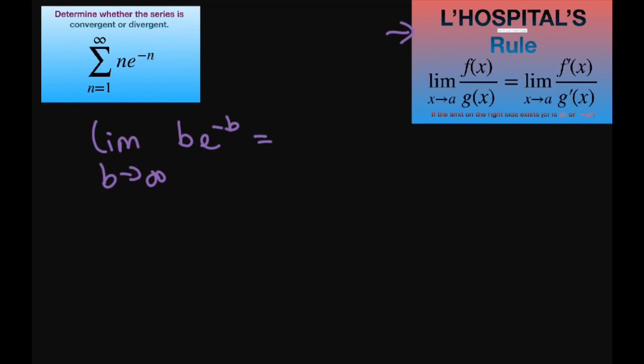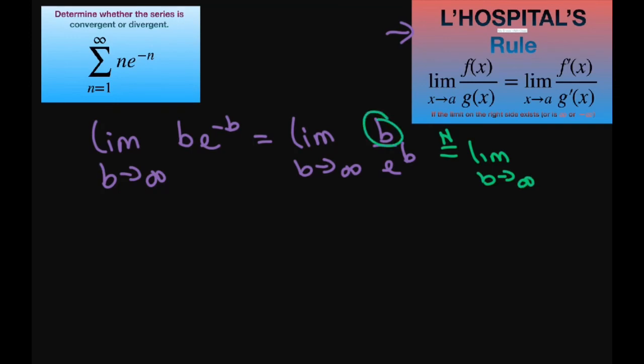This is going to equal the limit as b approaches infinity of b divided by e to the b power. Now, using L'Hopital's rule, you differentiate: the derivative of b is 1, and the denominator is still going to be e to the power of b. So that's why it equals 0.